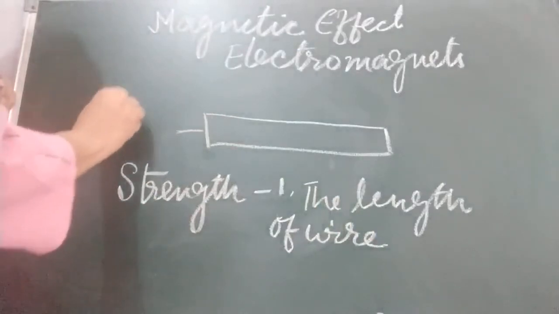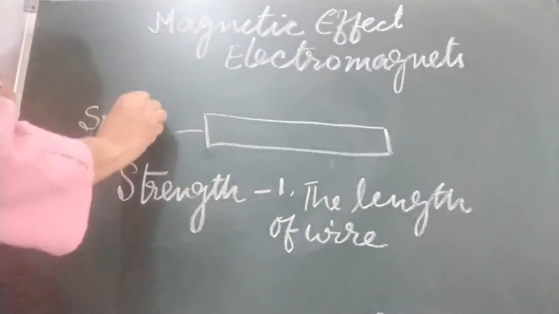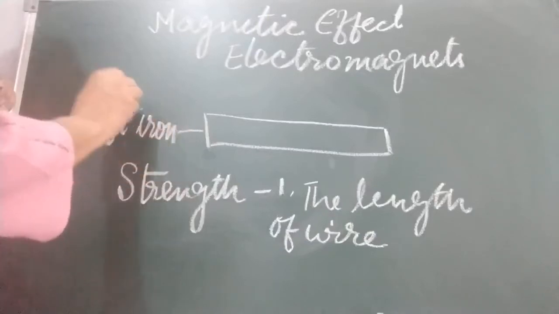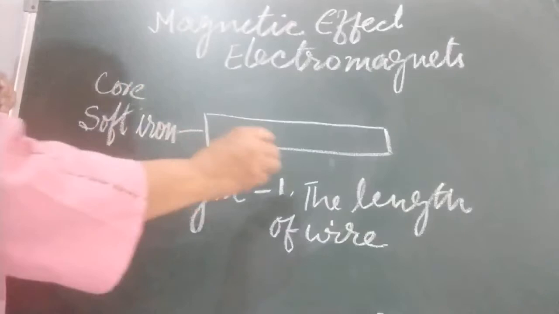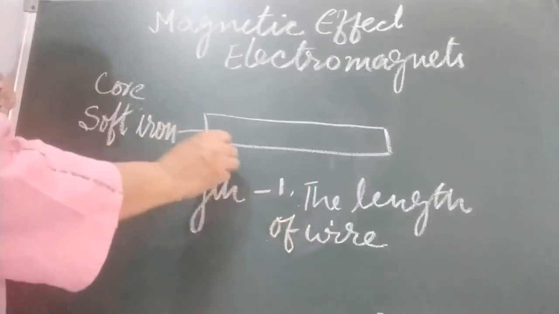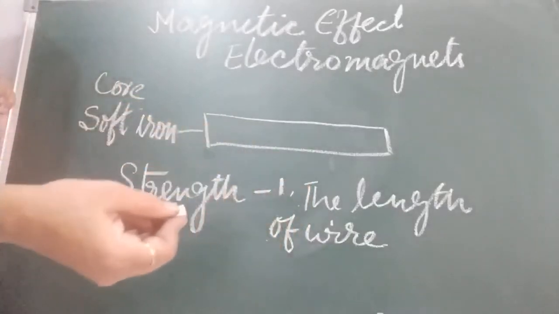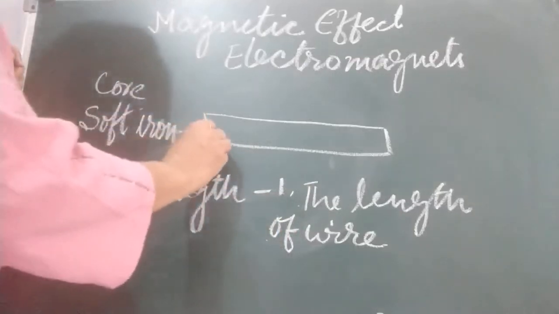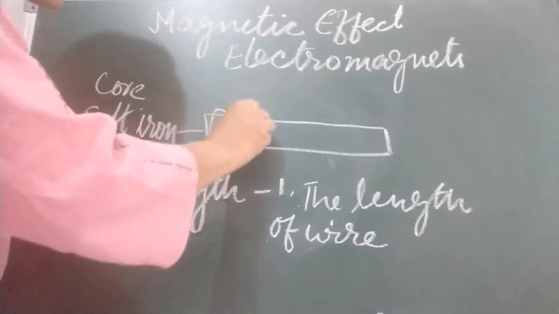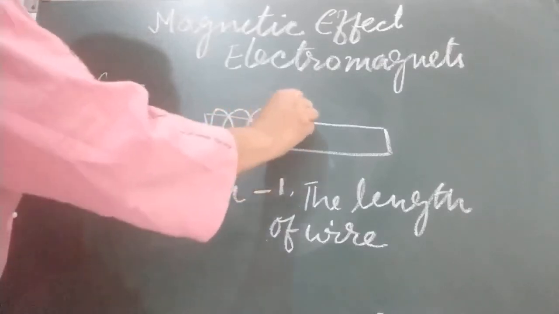Soft iron increases the magnetism. That is why we use a soft iron core, or we call it the core. The wire we take, simple wire, is going to behave like a magnet. We are going to wrap it around this core.